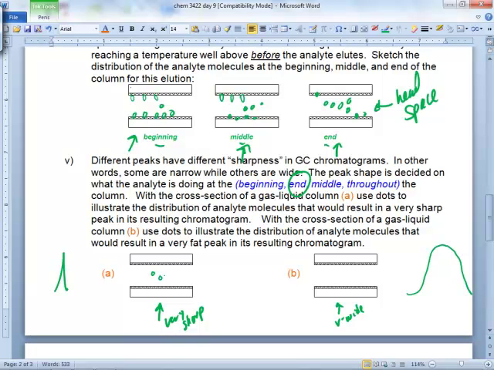This is the very sharp distribution of the molecules, and then the very wide. Okay. All right. Good. Now let's just make these touch, though, right? Yes. All right.